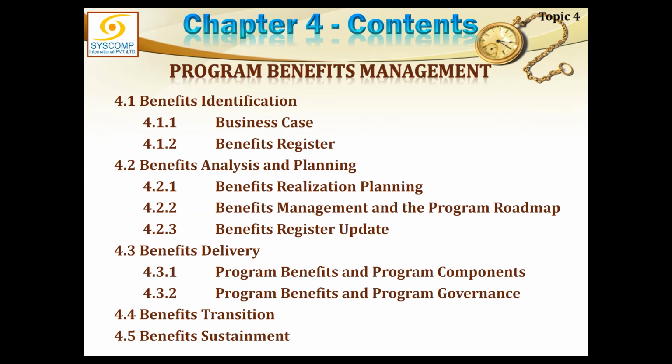We have been talking a lot about the whole process, and we already understand that we do not only have to get the benefits out of the projects of the program, but we have to consolidate them and convert them into consolidated benefits, which are not only to be realized, but ultimately transitioned. And the most important part of the benefit is that it is sustainable. So these are the 5 areas.